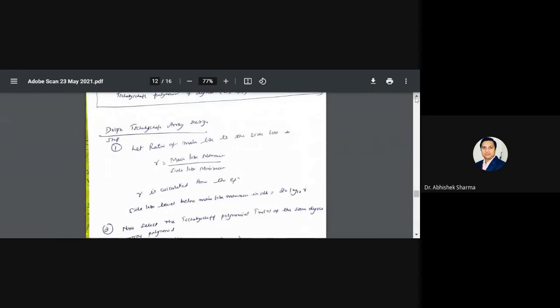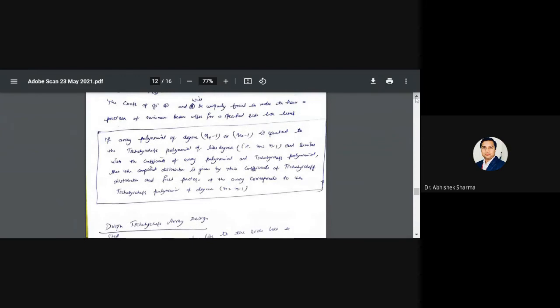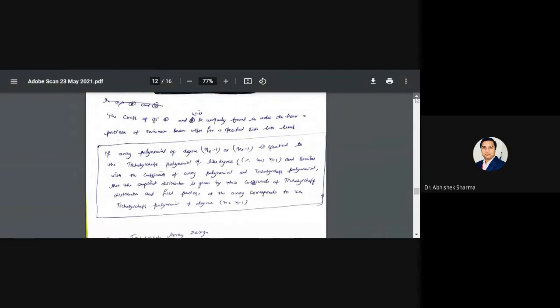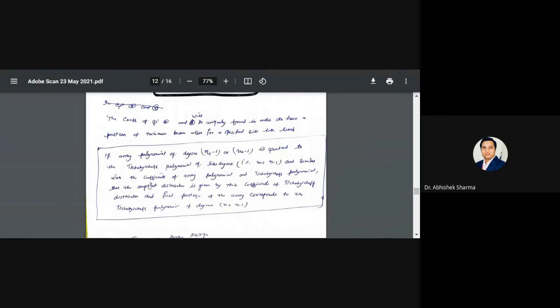So over here we will equate the coefficients of the array polynomial and the Chebyshev polynomial to find the values of a's.